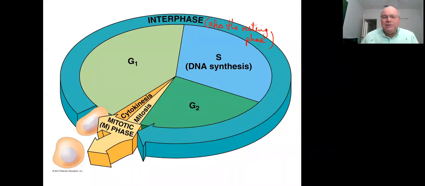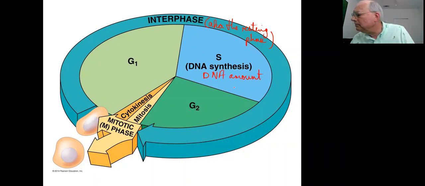And so clearly, as the DNA is increasing, so if you've got a point in time or a period within the interphase where the amount of DNA is clearly doubling, then that's obviously the point at which the chromosomes are being copied.